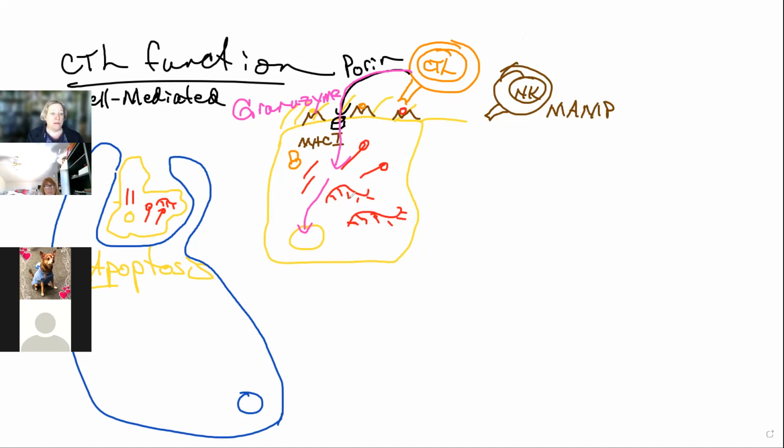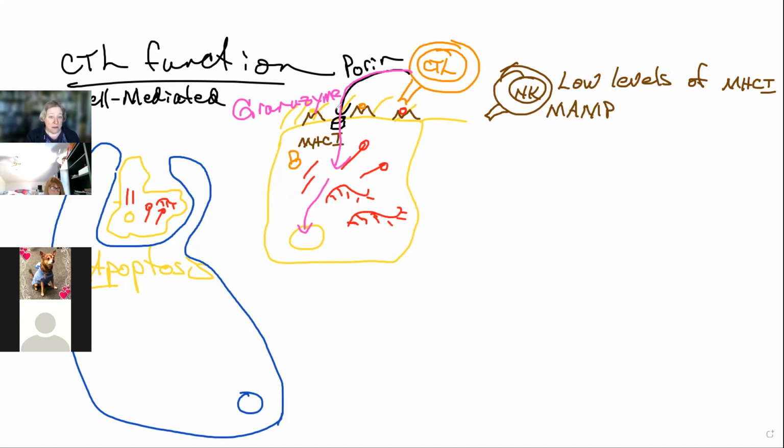They've got to go through all of the business in the lymph node of having an antigen presenting cell say, yes, we're looking for you. These guys are looking for inborn signals that something is wrong, or they are looking for low levels of MHC1. Either of these will cause a natural killer cell to do the same thing.